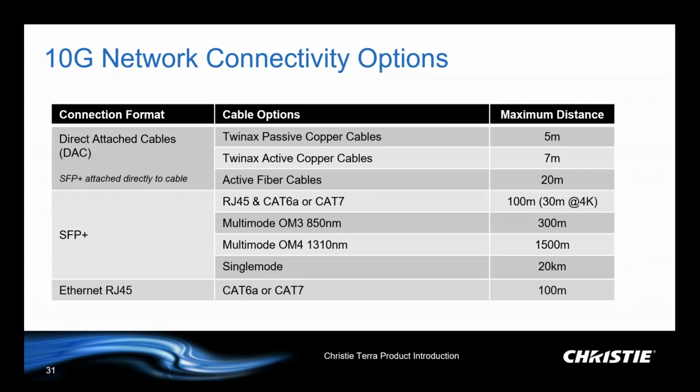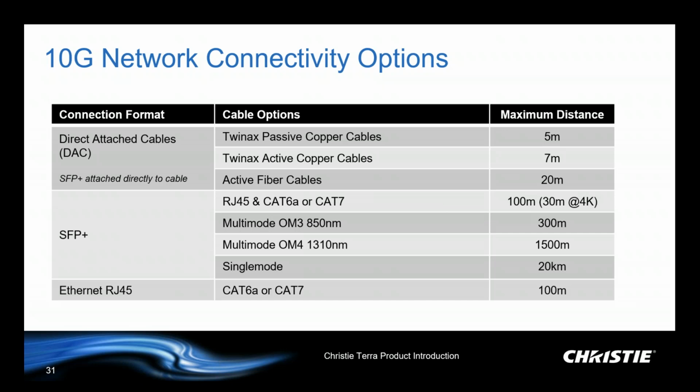We use these a lot in our installations where the TX are in the same rack or very close to the sources and the switch. You don't need fiber for that. In fact, we used the twin-ax for our demo kits as well. Depending on whether it's passive or active, you can get up to 5 or 7 meters, or 20 meters using fiber.